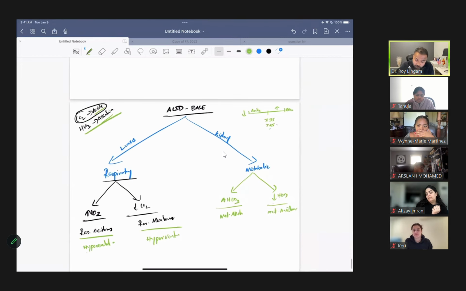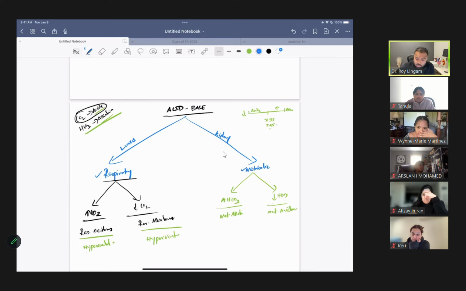Now, when we have a metabolic problem or acid-base problem in the body, there's something called the primary organ who makes the problem. So whenever our pH is changed to alkalosis or acidosis, whoever changes it is called the primary problem. It could be either respiratory or metabolic. We don't know who it is.